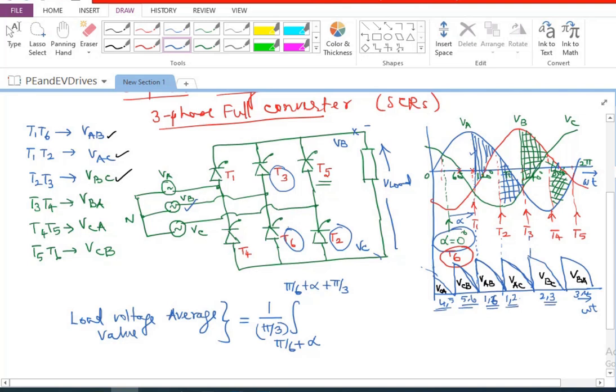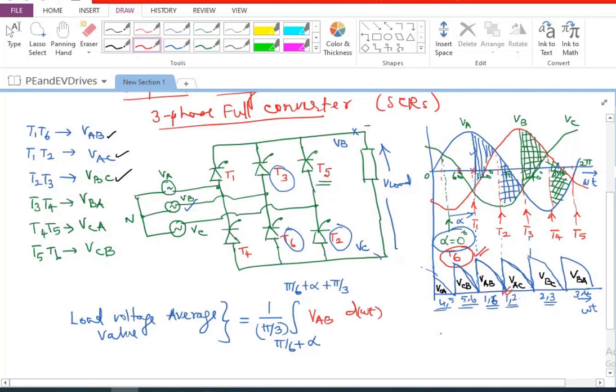devices takes place. So I should write this as, again, if I am talking about pi by 6 plus alpha, this is the pi by 6 plus alpha point, and this is pi by 6 plus alpha plus pi by 3. So this is going to be the integral of VAB d omega t.